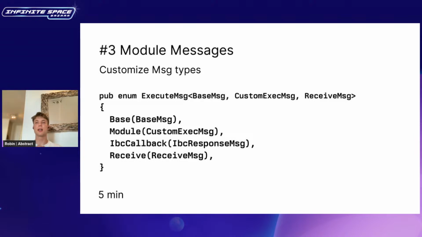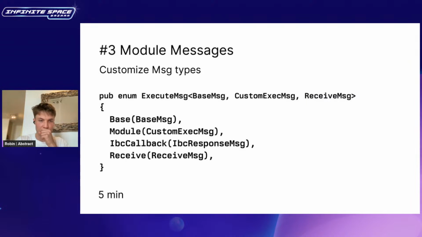And because we provide some basic functionality already in this app contract, we need to make a segregation between the base functionality and the custom functionality. So for our execute message, for example, the top level execute message of the contract will be the struct where you provide a custom execute message that will be inserted in this module.